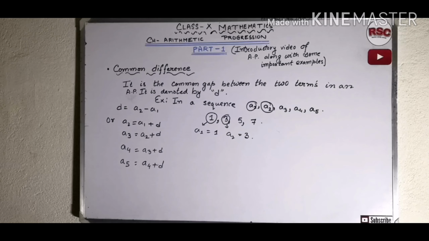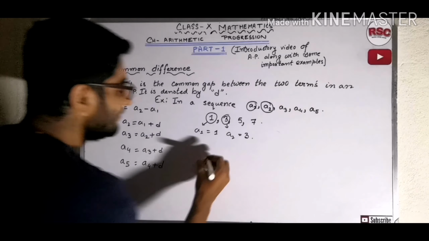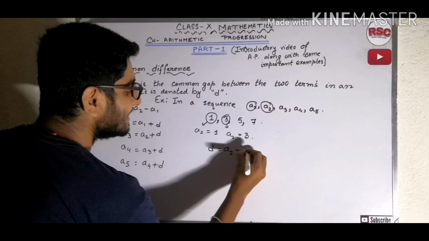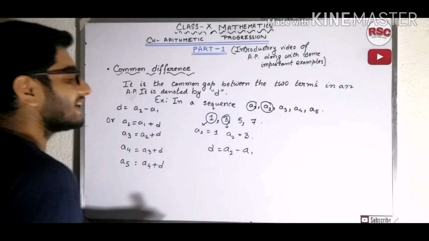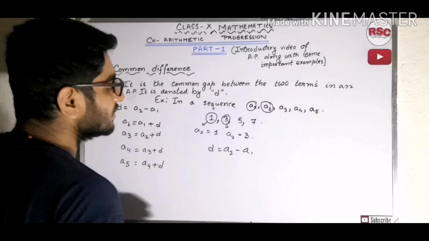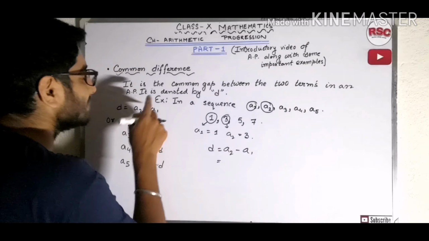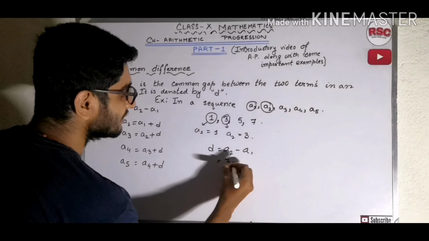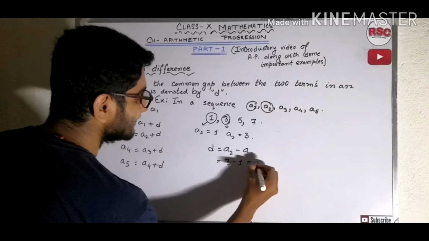So how can we take out the value of d? I have already told you the formula, d is A2 minus A1. When we subtract any two terms, that is the difference: the second term minus the first term. So 3 minus 1.